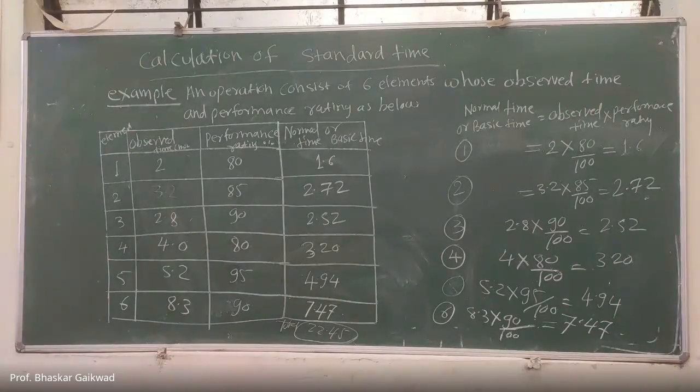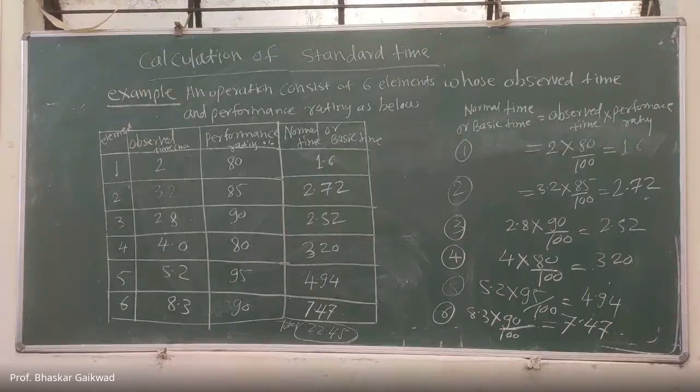Observed time 3.2 into performance rating 85 divided by 100, and the answer is 2.72. This is the normal or basic time for element number 2.